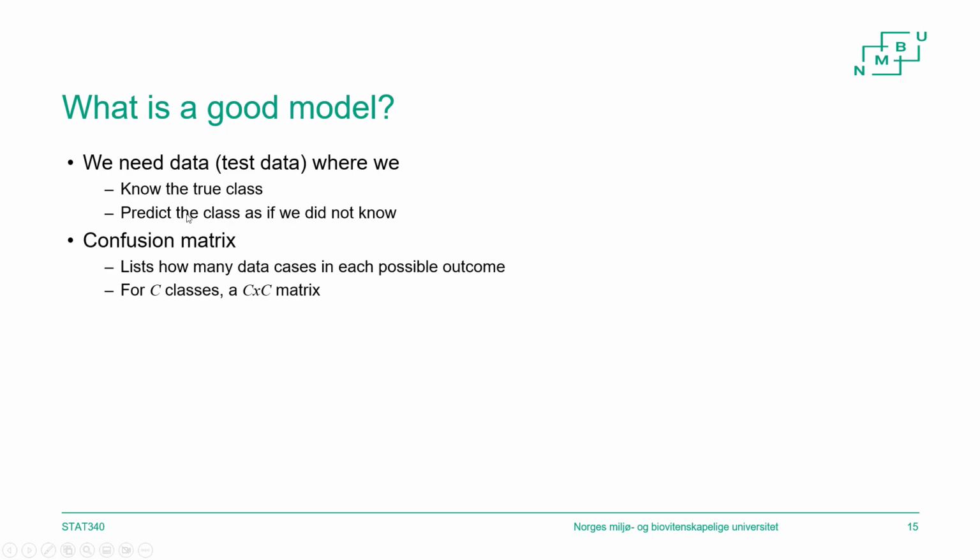So once we have this, then we can compute what we call a confusion matrix, because now we can actually compare the predicted classes to the true classes in the test data. And the confusion matrix, what is a confusion matrix? It lists how many data cases in each possible outcome.